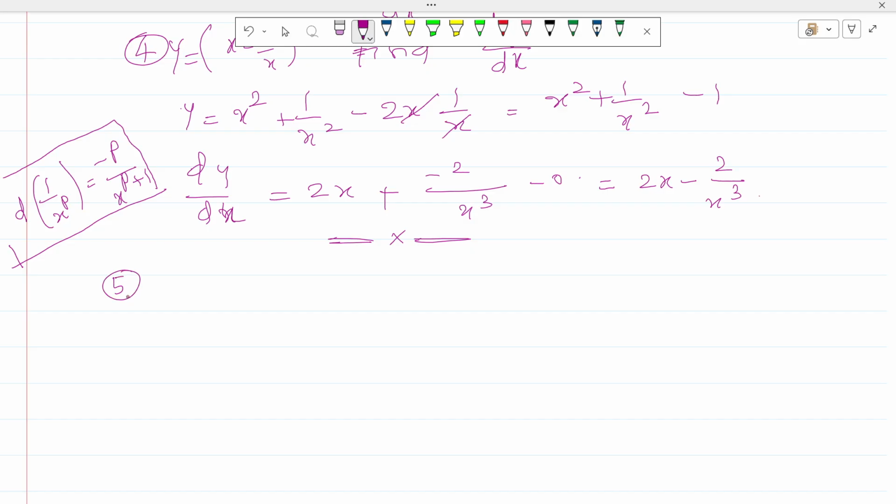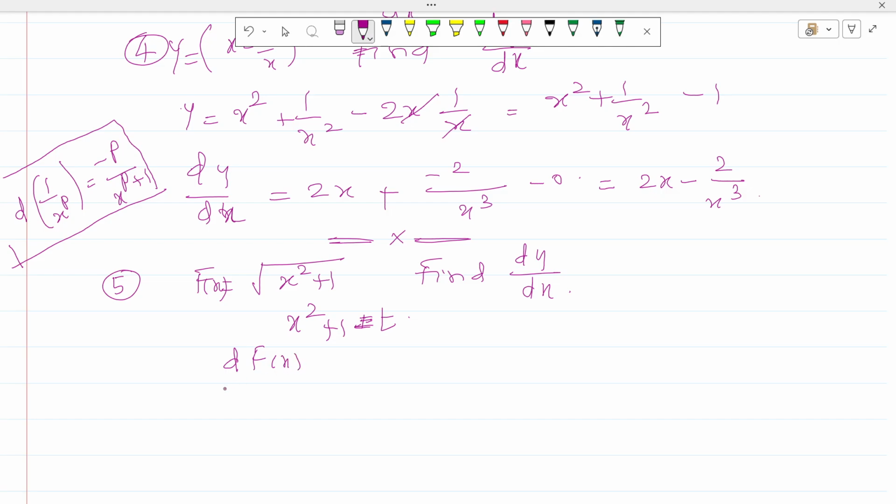Then the fifth problem we can do: if f of x equal to root of x square plus 1, then find dy by dx. Okay, so here what we do is first take x square plus 1 equal to some t.